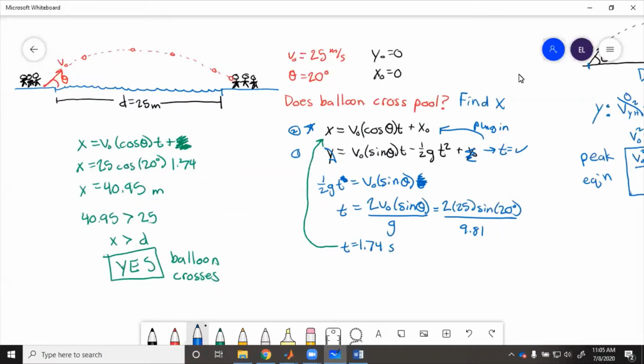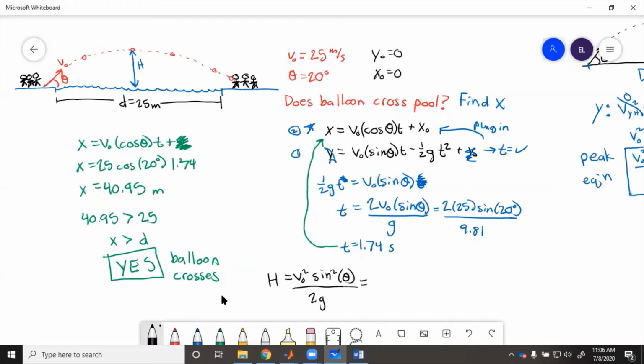So now if we want to find this maximum height, h, the peak, because the launch height and the ending height are the same, if we want to find the peak, we can use the peak equation. So the peak equation that we got was h equals v initial squared sine squared theta over 2g.